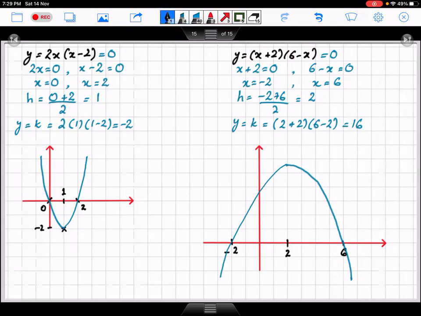So this is at 2 and this should be 16. That is, we have the vertex equals to 2, 16.